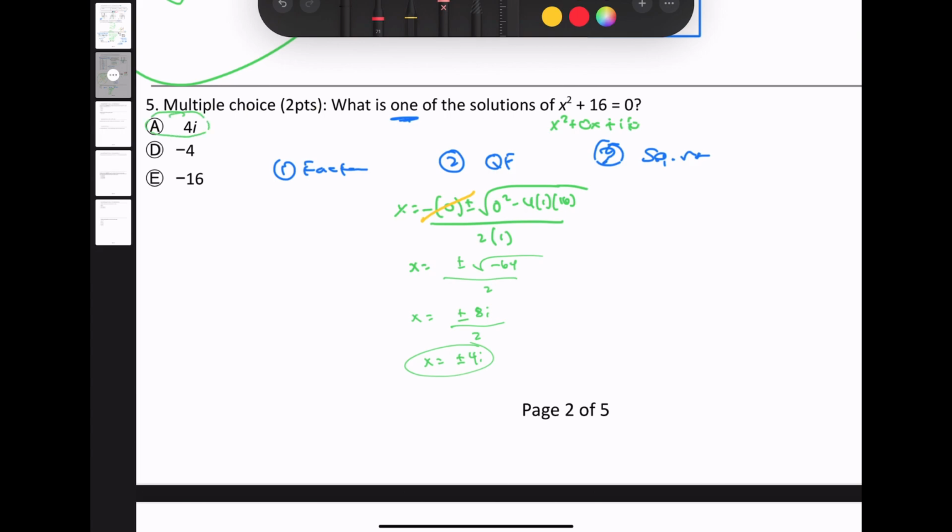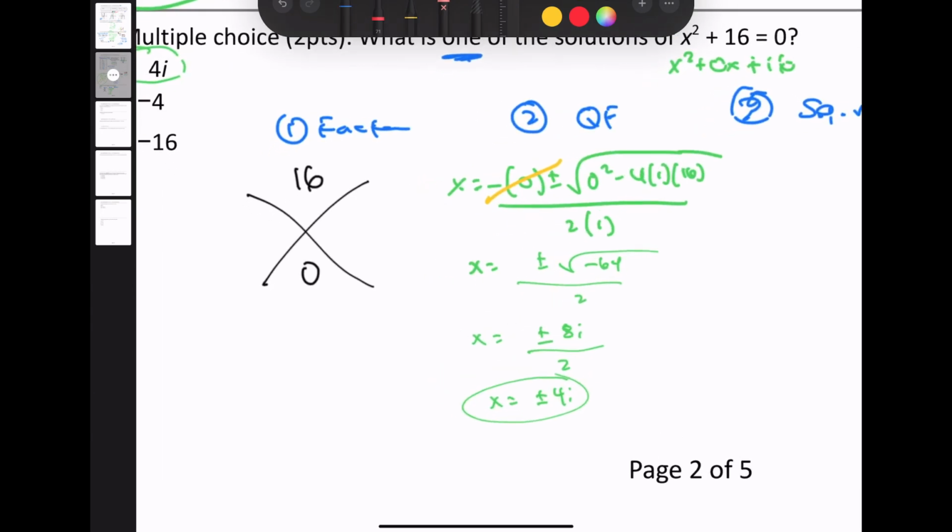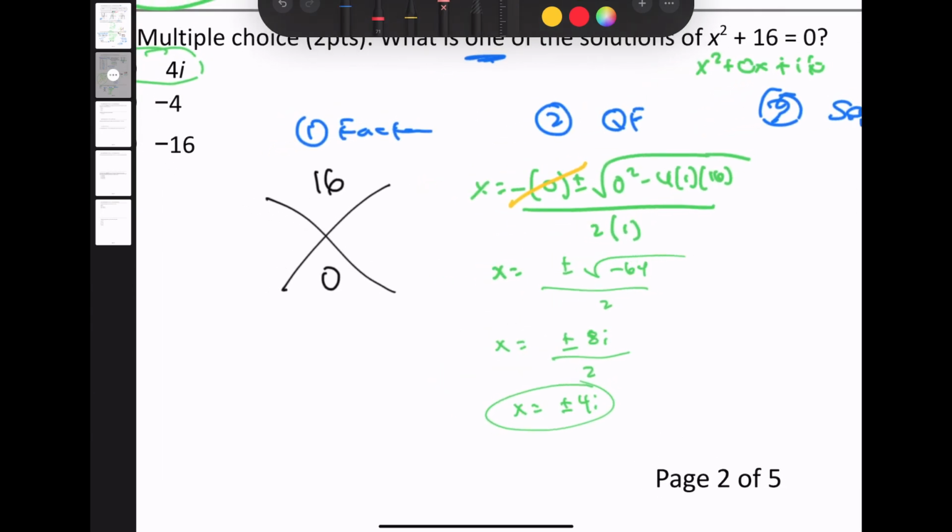If you chose this by factoring, same thing. a times c is 16. My b value is 0. We haven't really done this, but it is possible. Two numbers that multiply to be 16 and add to be 0. So that would be 4i and negative 4i. Negative times a positive is negative.